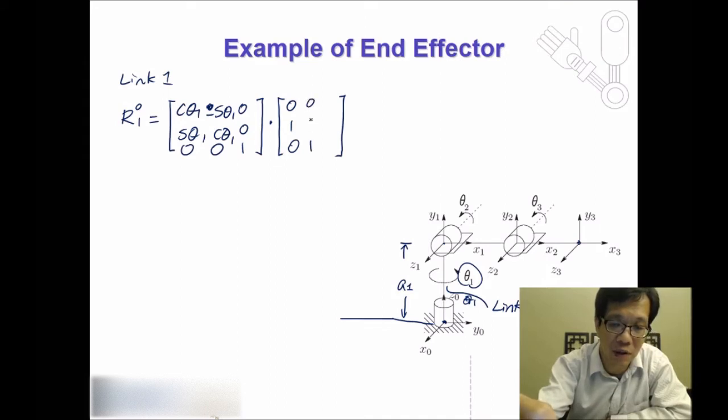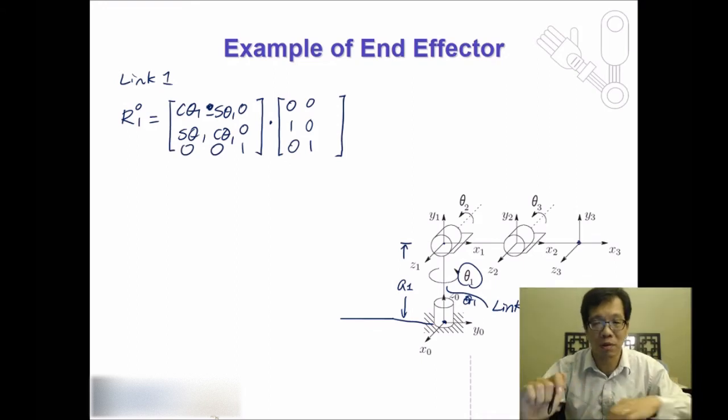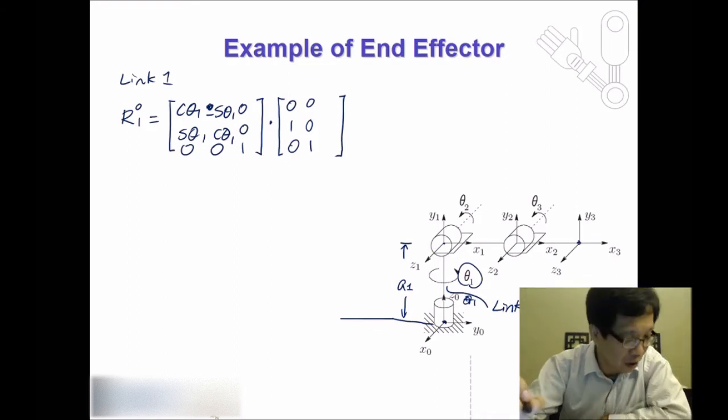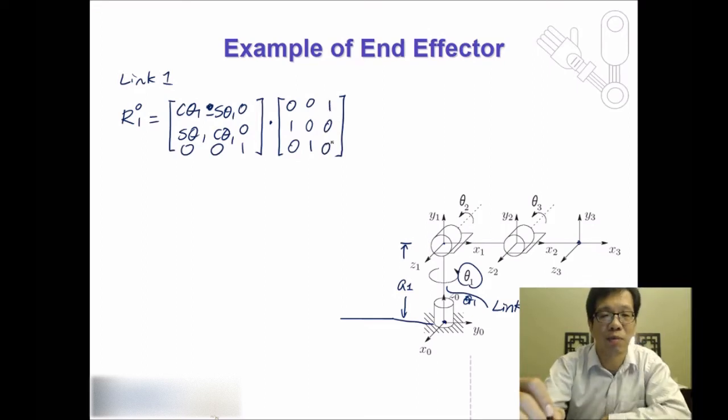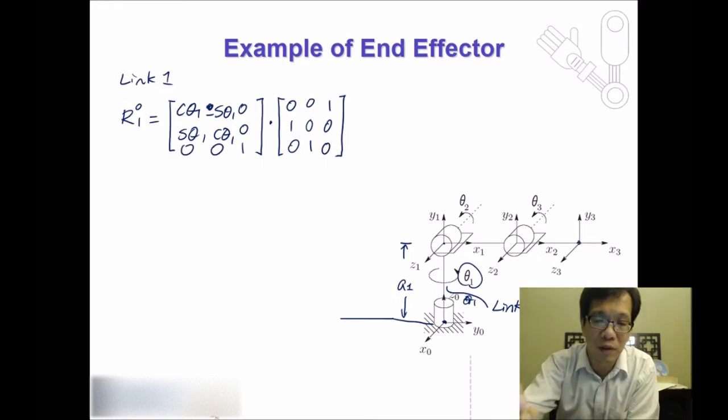The components along the other two directions must be 0. For the third one, z1 is along the y0 direction. So this completes the rotation matrix from the zeroth frame to the first frame.